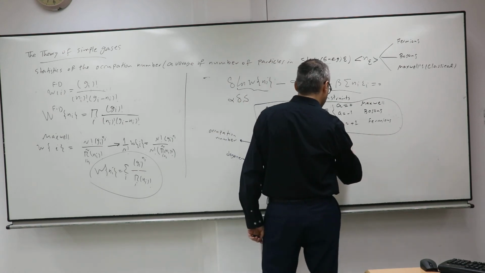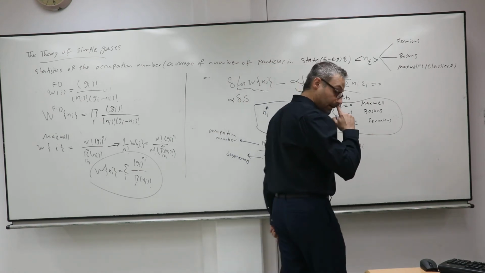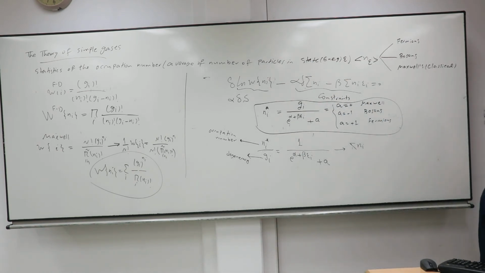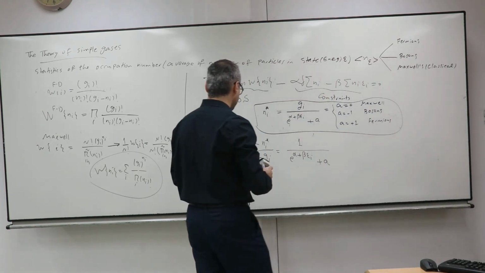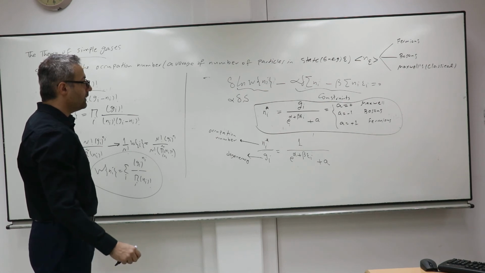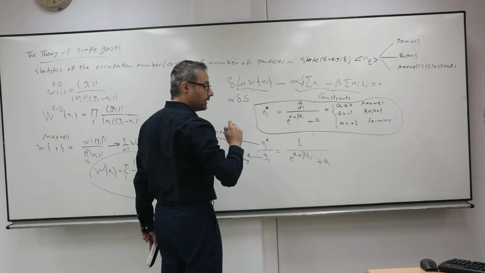So if I want to find the average N_i, one thing I want to tell you is that now you can set this N_i inside the W, and so you will get entropy.